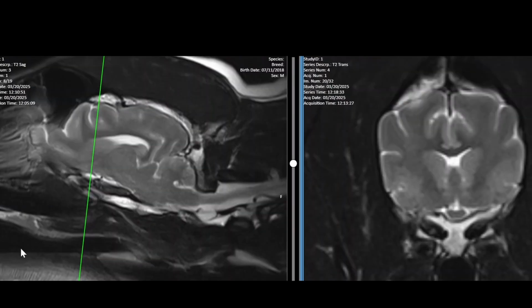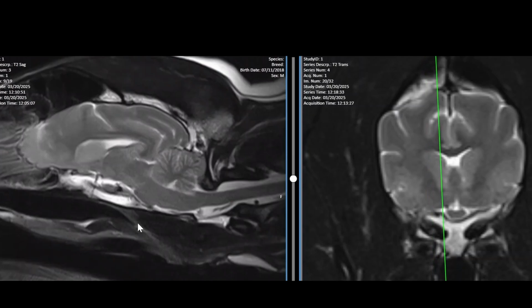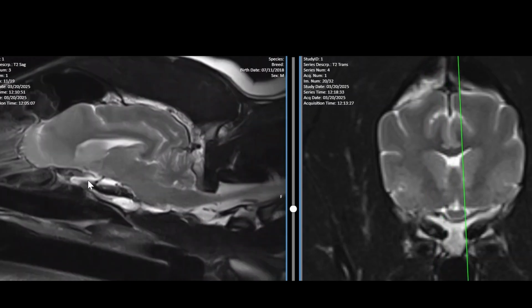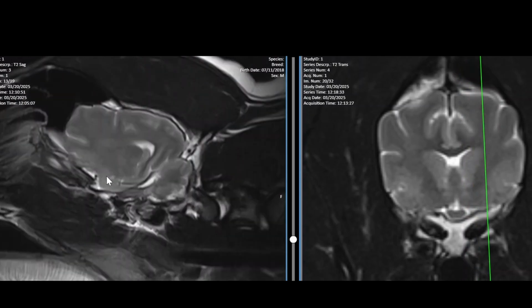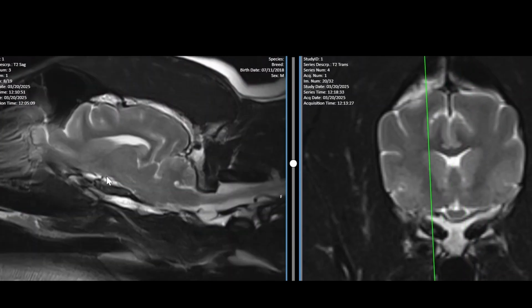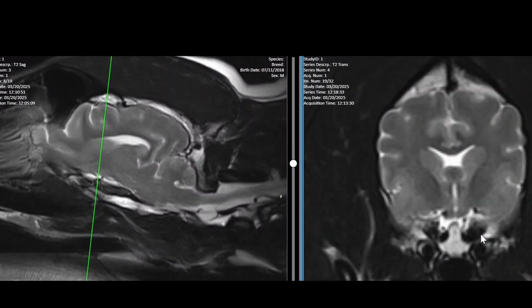So now we want to look at the ophthalmic branch, and I find it easier to start rostrally and work back for this branch. First of all, I find the bilateral orbital fissure, which to me looks like an alien or perhaps a frog, depending on the conformation of the animal. Then I can see that on the sagittal plane as well, and there is the nerve going up towards the eye.